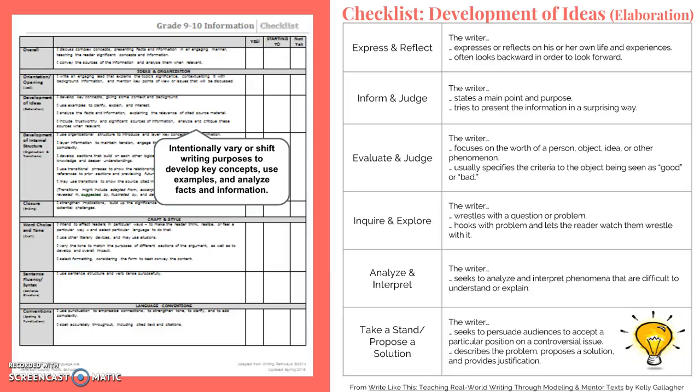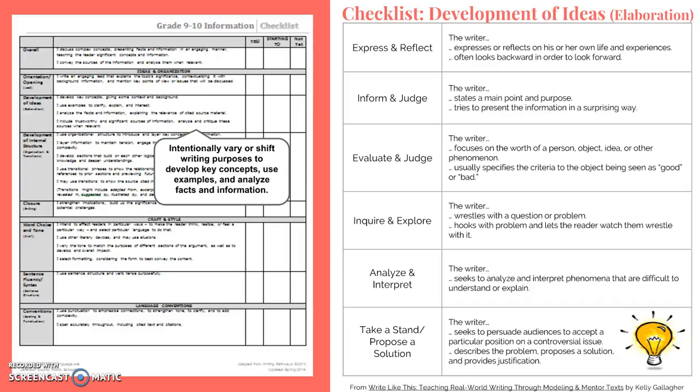At this point in the study, you might prompt your students to return to the checklist, highlighting the criteria that outlines the grade level expectations for development of ideas or elaboration. This instructional think aloud might look and sound something like this.